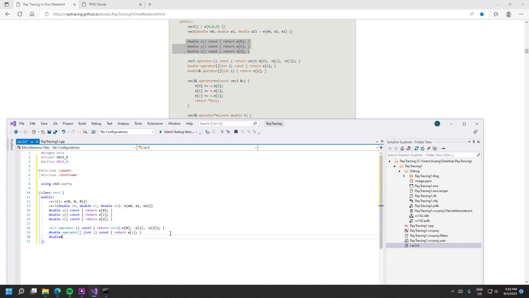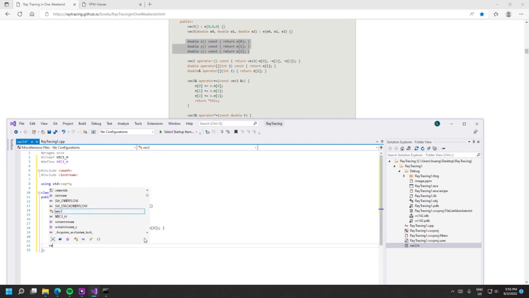Wait, sorry, my keyboard keeps giving me the wrong place. Okay, so that's vec3.